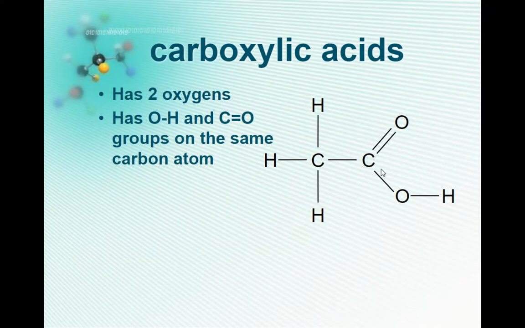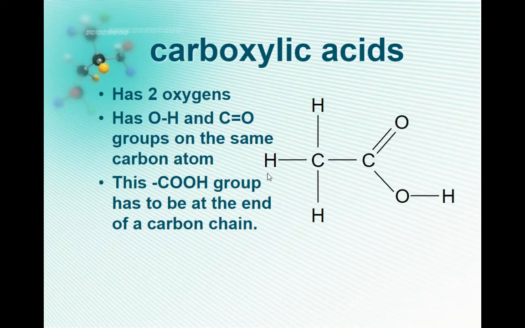So when you combine an aldehyde and an alcohol, you get what's called a carboxylic acid. And these are really, really important in organic chemistry. They're organic acids. They're things that you're going to be dealing with a lot when we start studying the Krebs cycle.